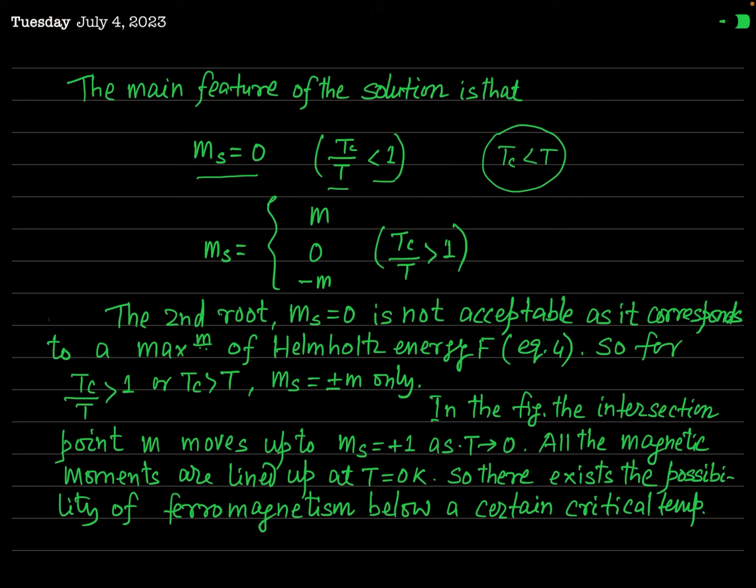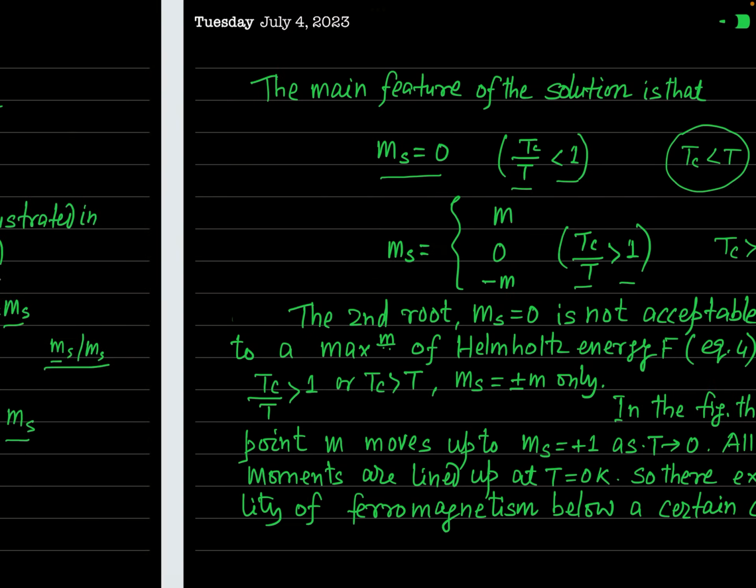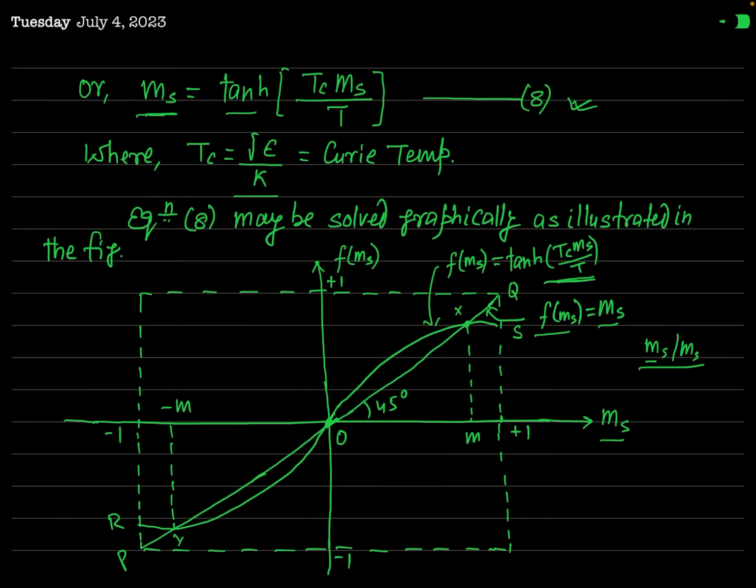But when the situation is just the reverse, that is, Tc by T is greater than 1, or you can say the critical temperature or Curie temperature is greater than T, then there are three roots.